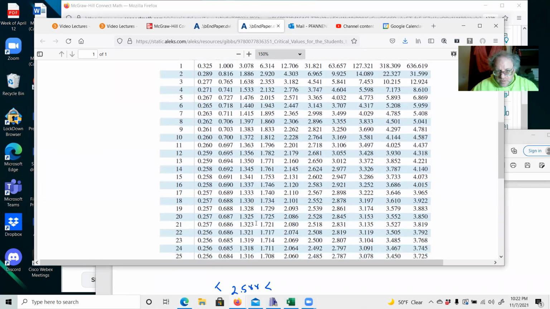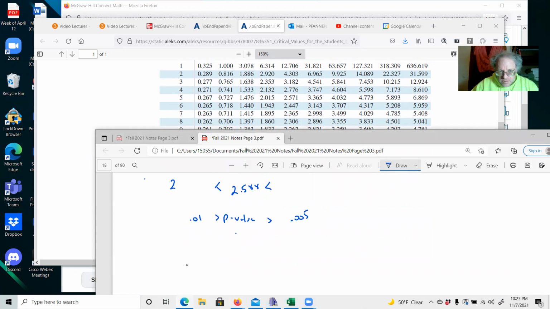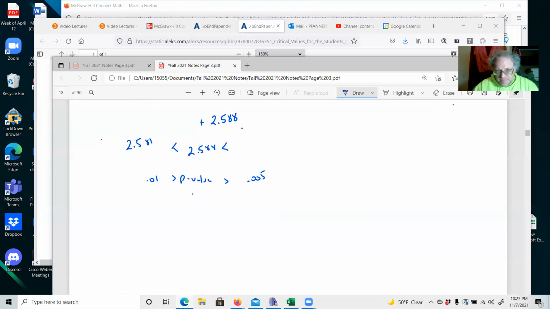Back down here to 21, 2.588 is between 2.581 and 2.831.